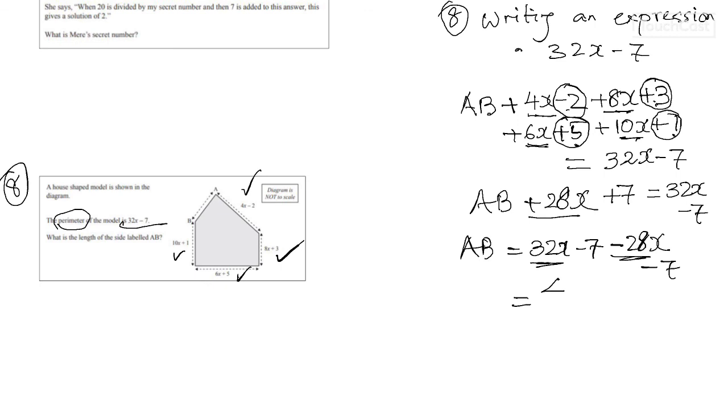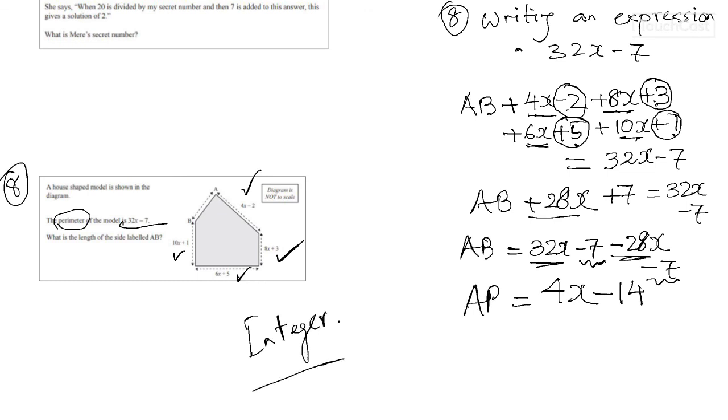That'll give you 4x, and if I add those together, those negative numbers, that'll give you negative 14. So you got to be cautious with the negative numbers. Integer is a very important area in algebra, so please review that. AB should be equal to 4x minus 14.